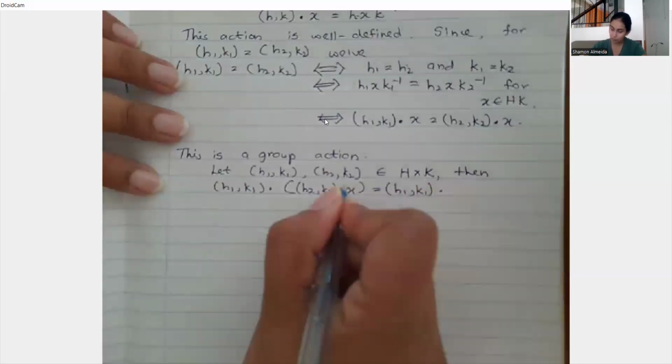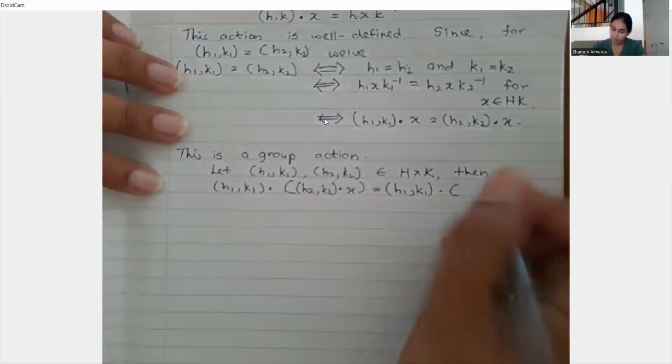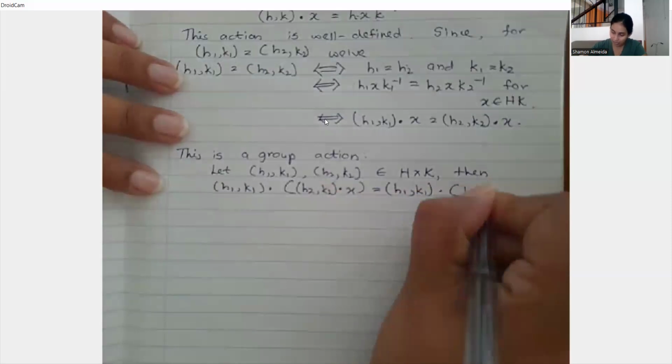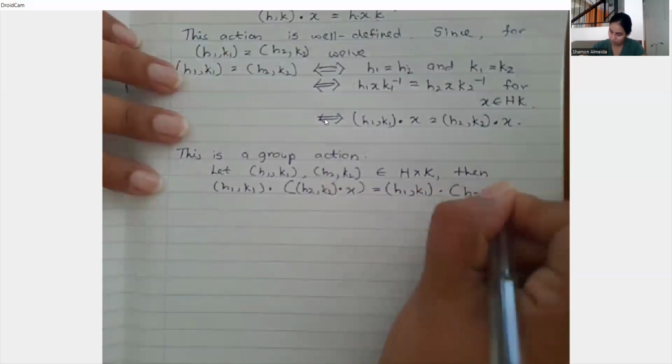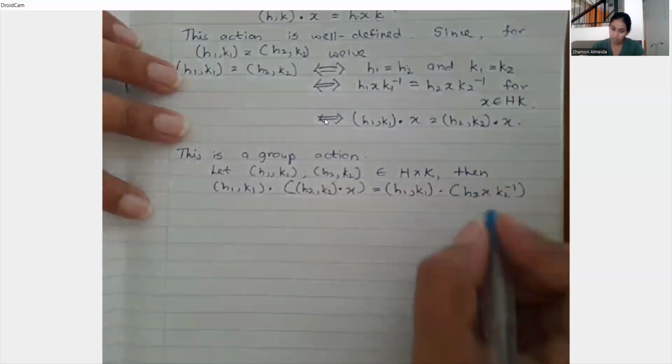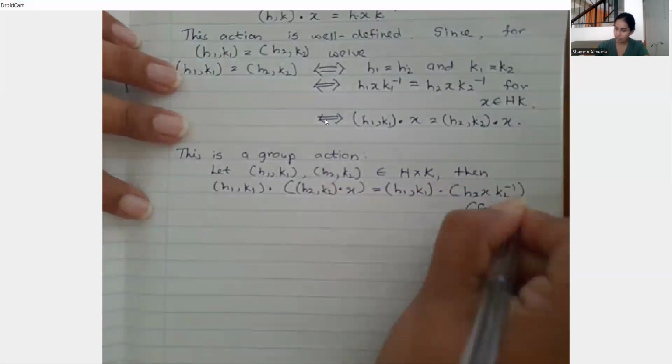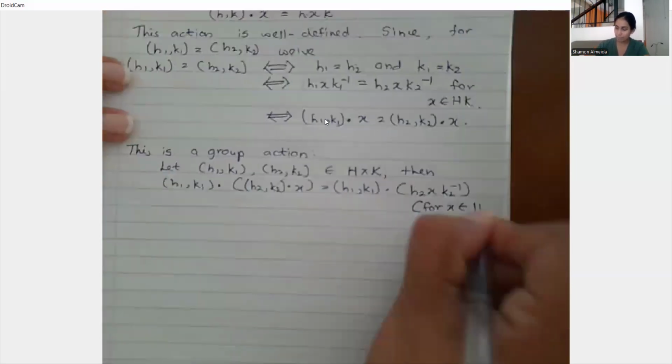First we apply the group action over here so that we get h2 x k2 inverse, right? And this is for x in the set HK.